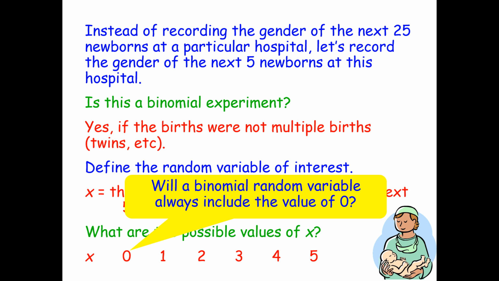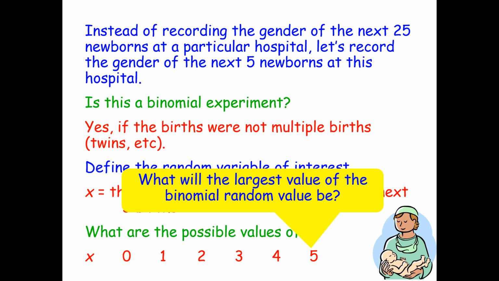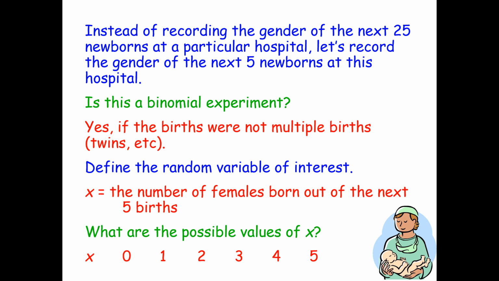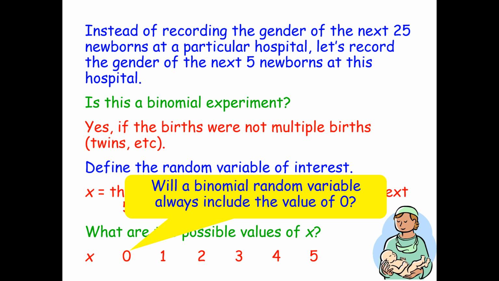Will a binomial random variable always include the value of 0? And what will the largest value of the binomial random variable be? To answer these questions, remember that x is the number of females born out of the next 5 births. So in general, 0 will always be included.